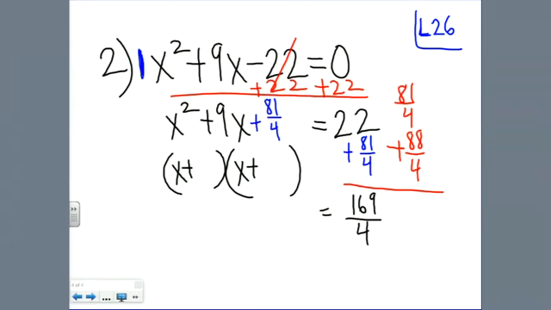So the square root of 81 is a positive 9. And the square root of 4 is 2. Because we have the same binomial, we can write this as one binomial. Since there are two of them, we can write this with an exponent of 2.